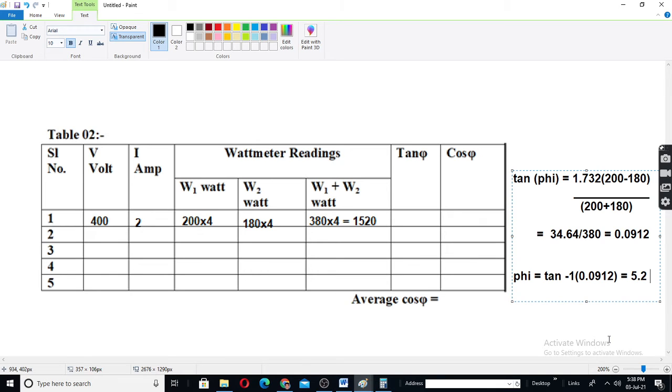Now this is phi. Cos phi is nothing but cos of this 5.2.